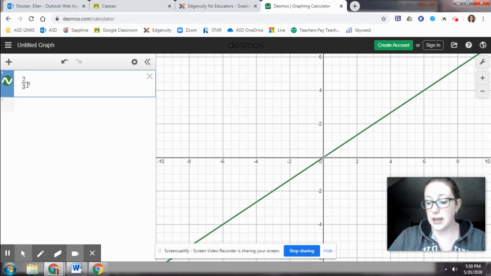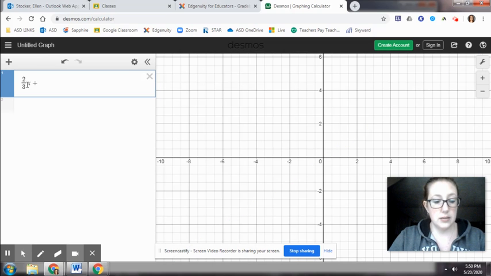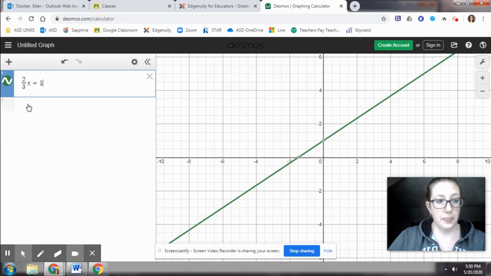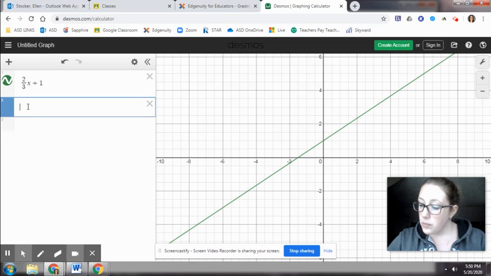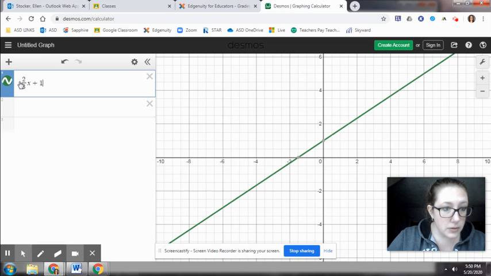You don't want the x on the bottom, so make sure you hit the right arrow to put the x. 2/3 x plus 1. Oops, I forgot the y equals at the top. You can always go back up and edit. Y equals 2/3 x plus 1 for your first equation.